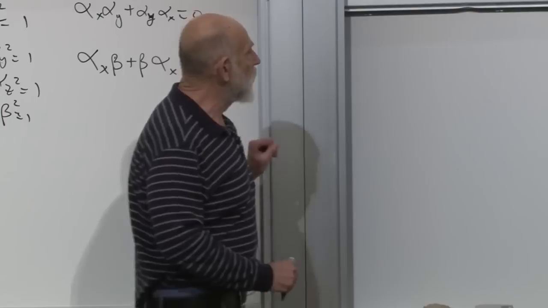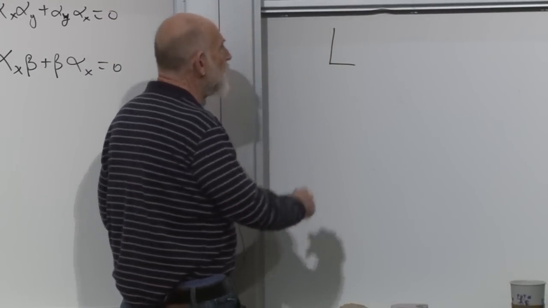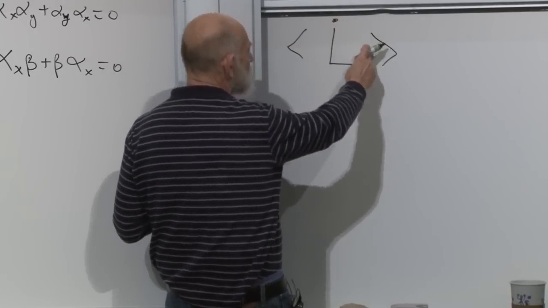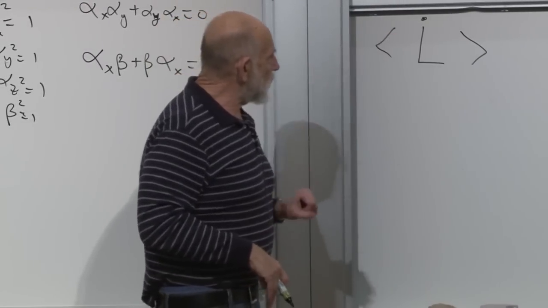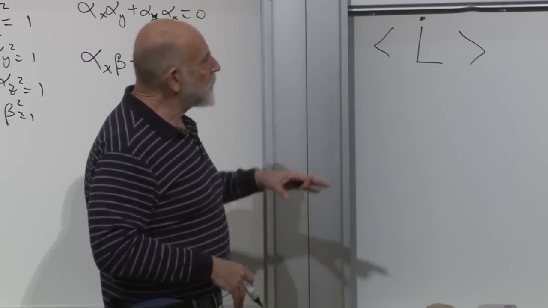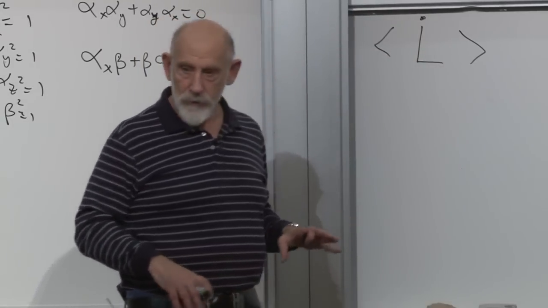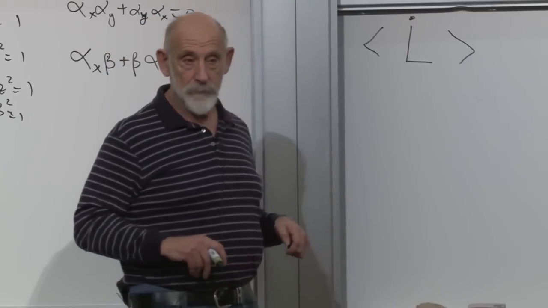I'll just remind you, if I have some operator, let's just call it L, a Hermitian operator, and I'm interested in its expectation value in some state. The expectation value of L has a value, and if the state changes with time, the expectation value of L also changes with time.